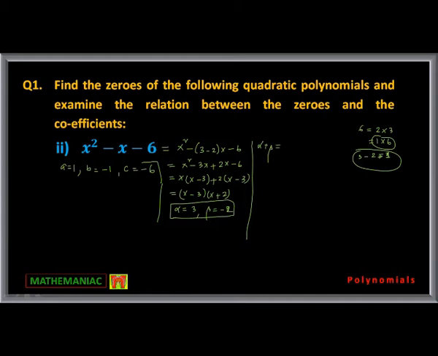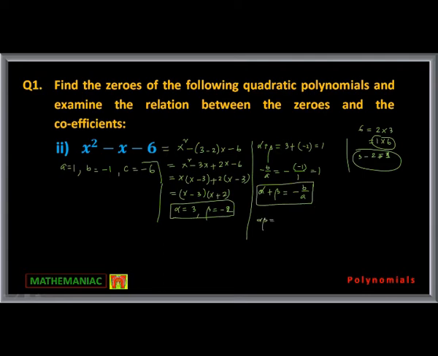So alpha plus beta you find first. This will give you 1. Now what is minus b by a? Value of b is minus 1, so minus b by a is 1. Fine, this is verified, right? So you get alpha plus beta equal to minus b by a.